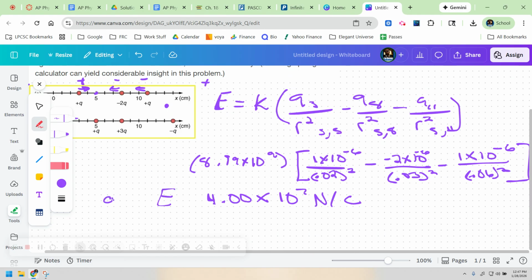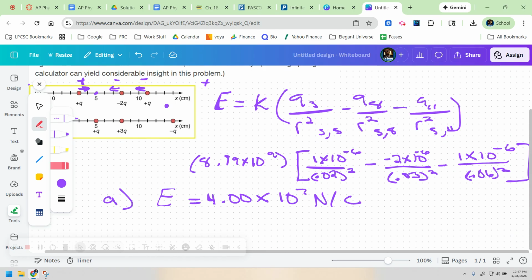That's for part A. So my electric field is equal to that. And because it's positive, it's going in the positive direction. Most of that is because our negative field from the negative charge plus our other positive is going to sway us in the other direction. And of course, the further away you are, the less strength the electric field will have.